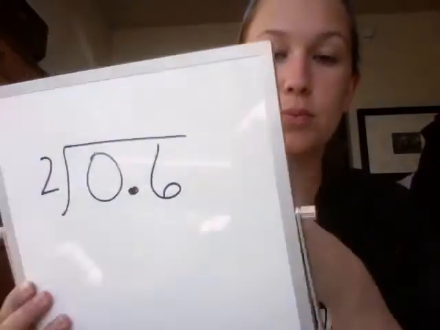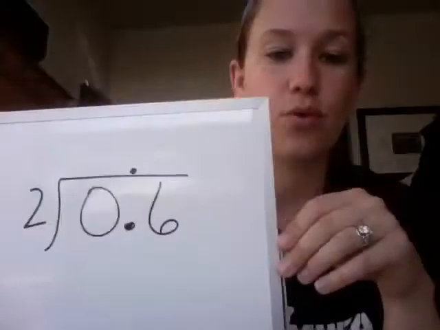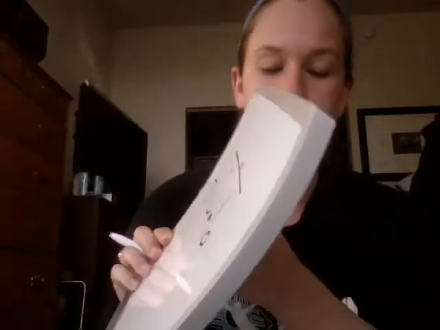But I'm going to write out our problem. So here we have 6/10 divided by 2. So I'm setting up my problem. First thing, I'm going to move my decimal right up. 2 goes into 0 0 times.